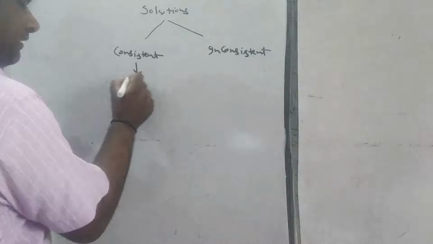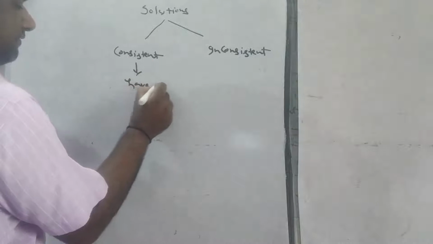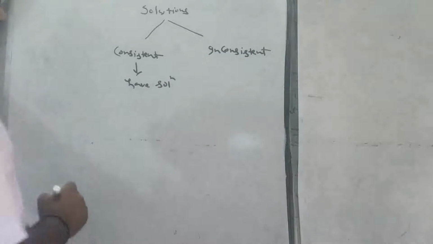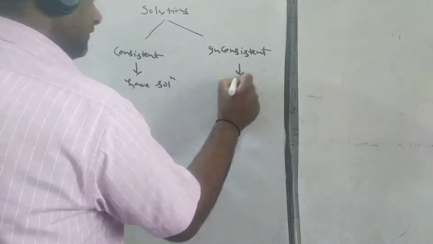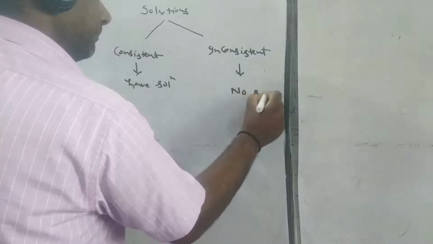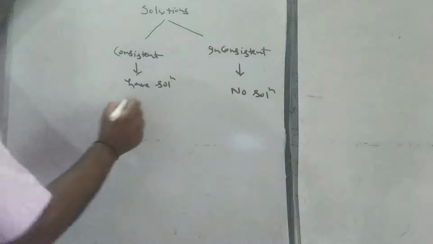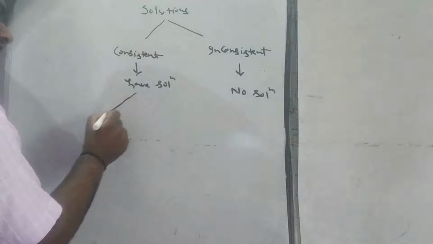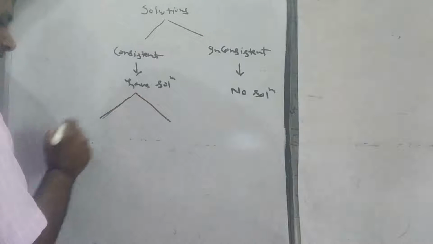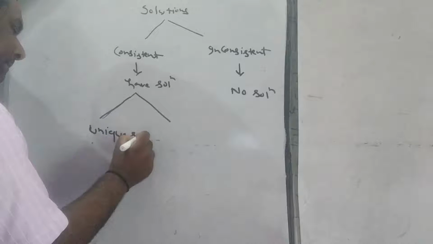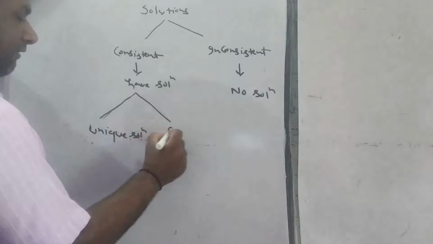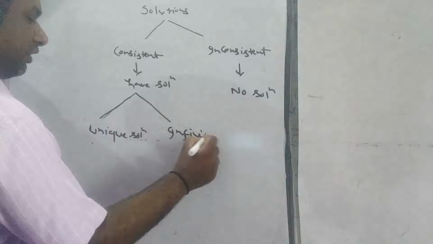Consistent means it has a solution, and inconsistent means no solution. In the consistent part, there are two possibilities: unique solution and infinitely many solutions.